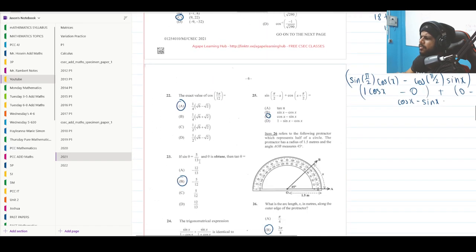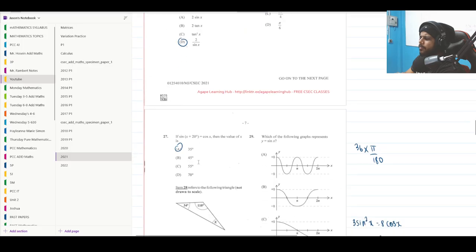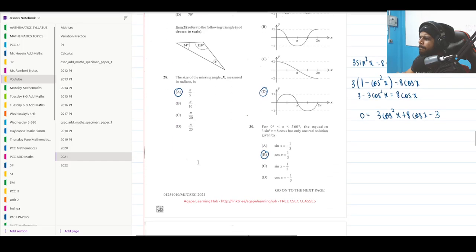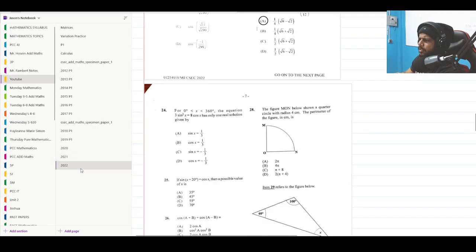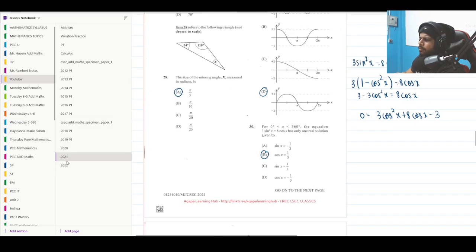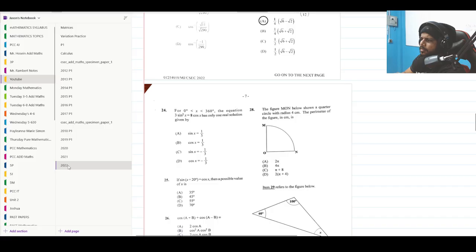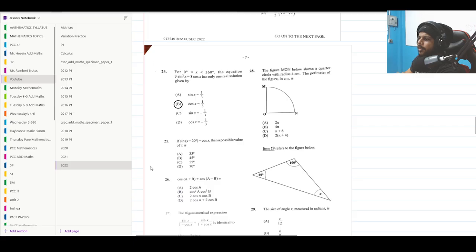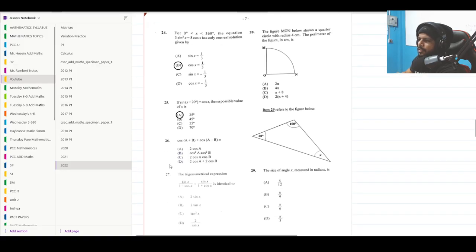I'm just checking to see where the repeat came from. Oh, look at you, number 30. 3 sine squared x is equal to 8 cos x. And the real solution is given by cos x is a third. So you could go back and watch your 2021 solutions and get the working for it, right? Repeat. This one is a repeat.